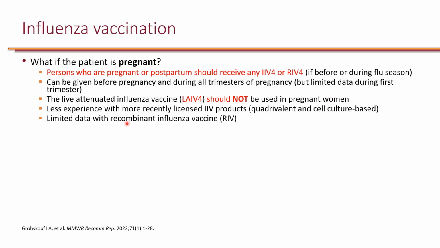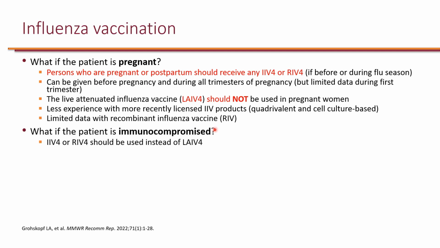And in general, there is less experience with more recently licensed inactivated influenza vaccines, such as all the quadrivalents that are available on the market and the cell cultured based vaccine. And there is limited data with recombinant influenza vaccine. Now, for immunocompromised patients, the same recommendation is made.